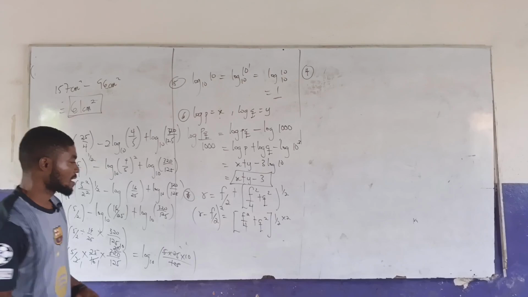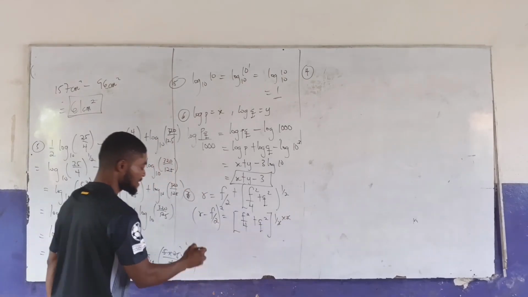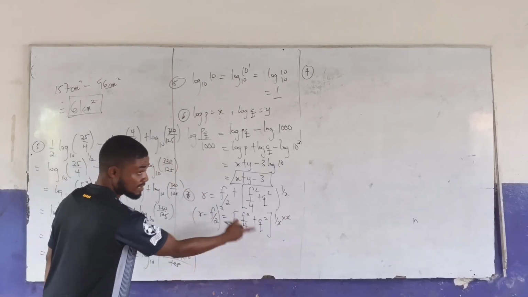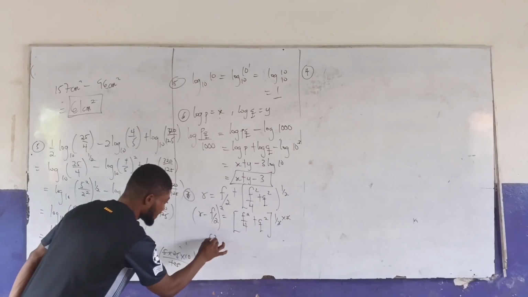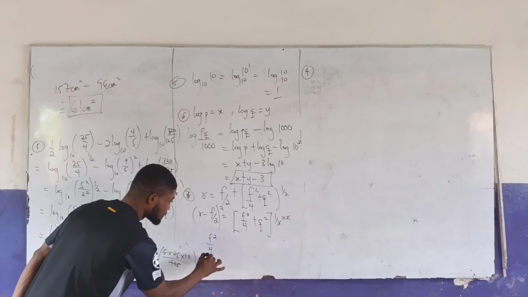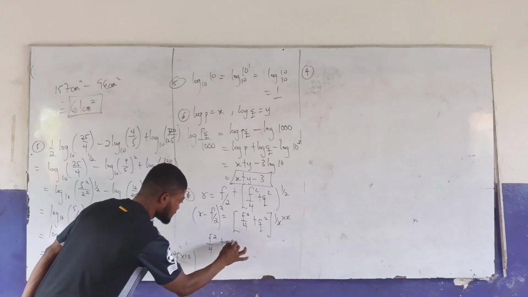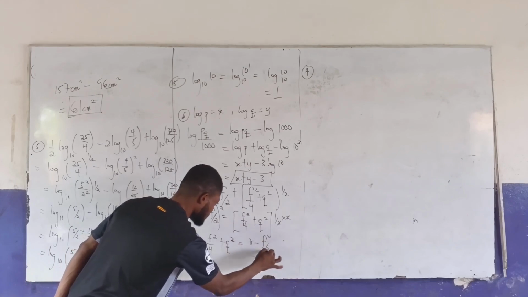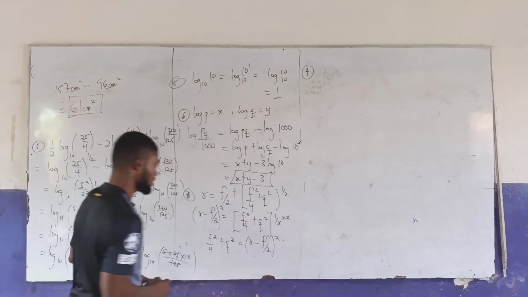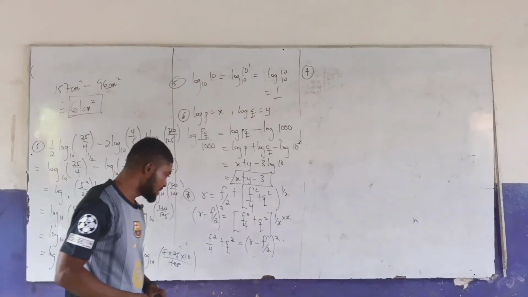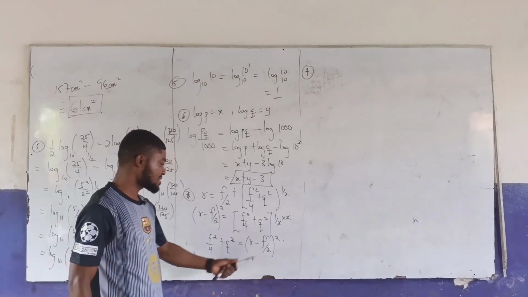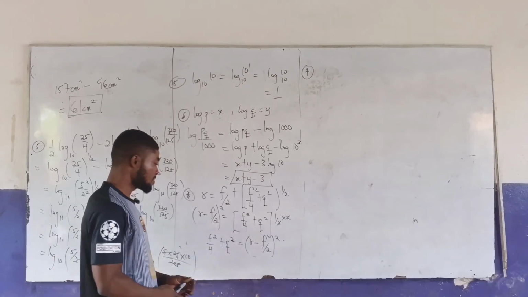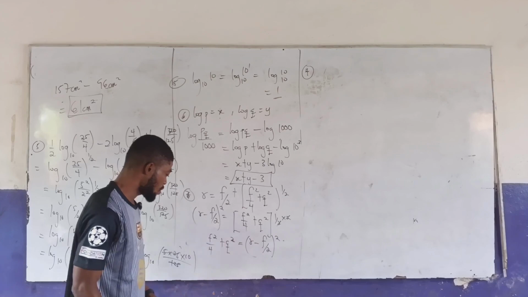Yeah, and then from here straightforward, I want to bring this to the left side, this to the right side. So I have F squared on 4 plus Q squared is equal to R minus F on 2 all squared. I'm not going to be in a hurry to expand this side because I'm looking for something, so I want to maintain this for now.